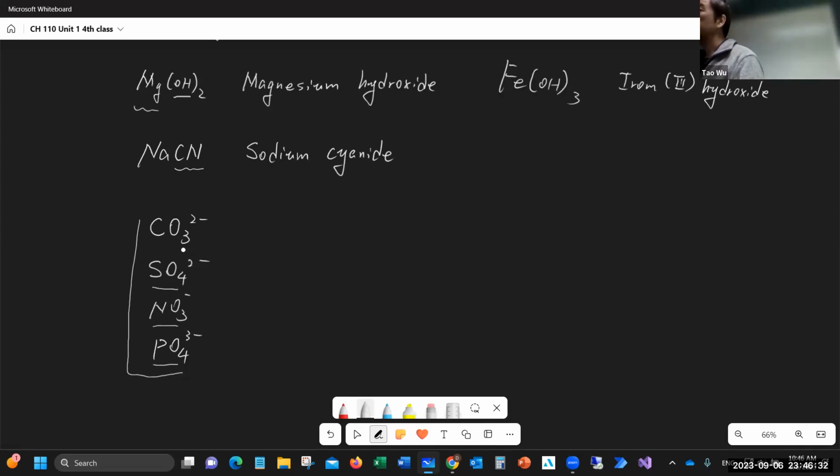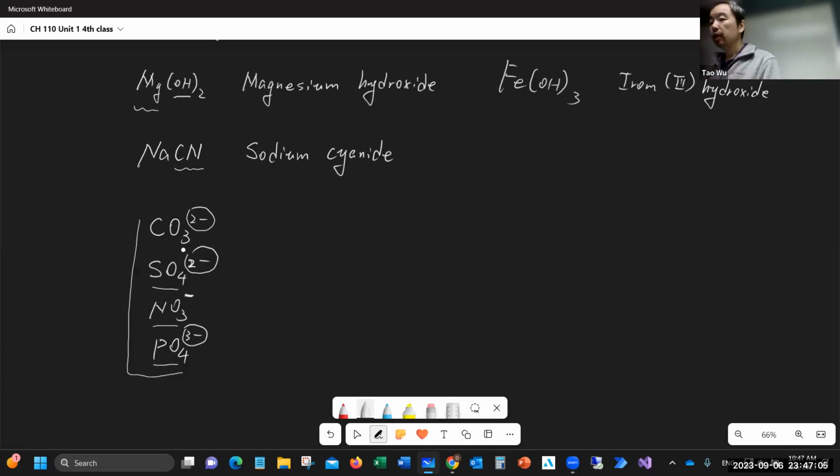And the phosphate: our teeth are made of calcium phosphate. Our body also has a lot of nitrate. Very common polyatomic ions, so I hope you can remember the names of those. Not just the name, but also the charge. This is 2 minus, and 1 minus, and 3 minus.